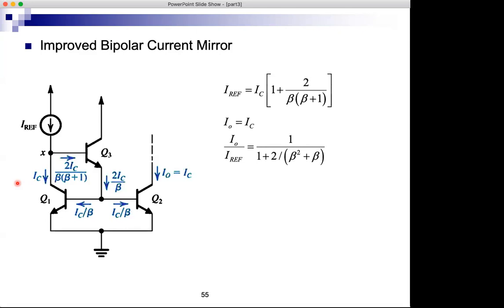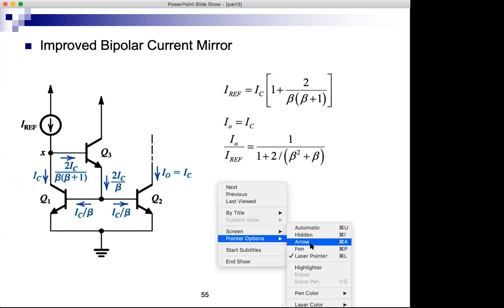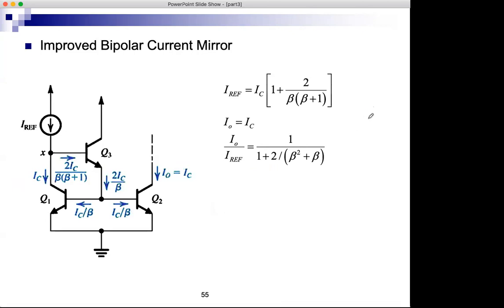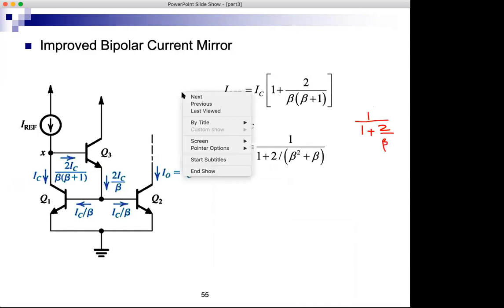Okay. Previously, the equation was 1 over 1 plus 2 over beta. So the question now is, is this an improvement over this?